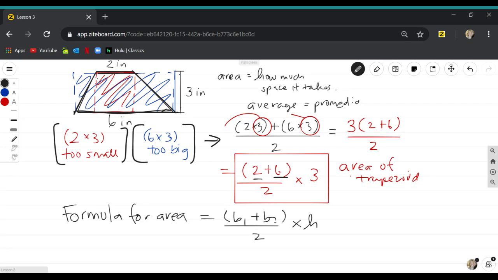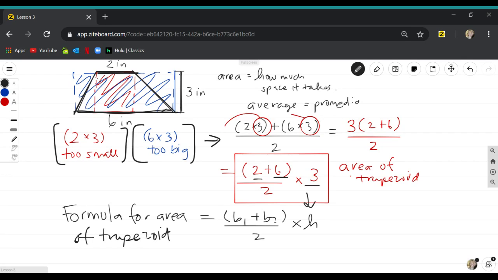That's our second base. We have one base here and another base down here. Then it's divided by 2 to find the average. And our height was right here, it was the 3. So that is the formula for the area of a trapezoid.